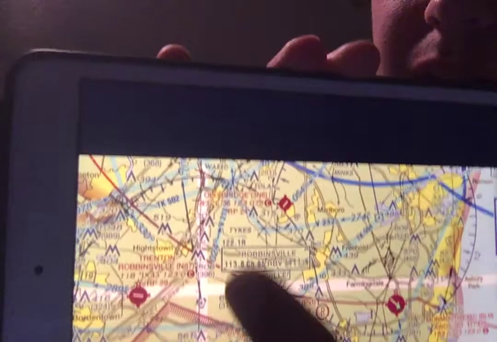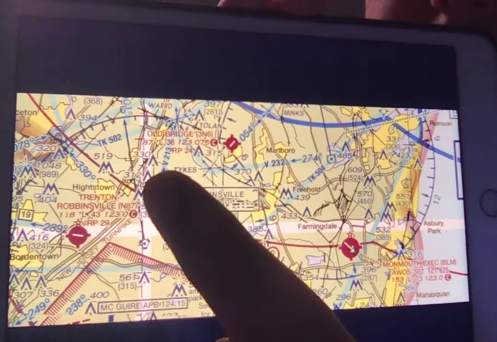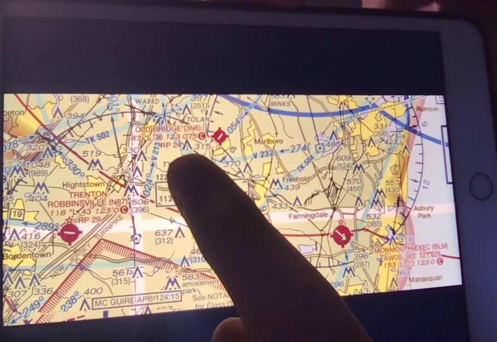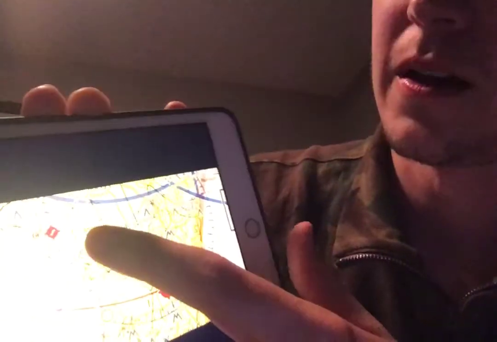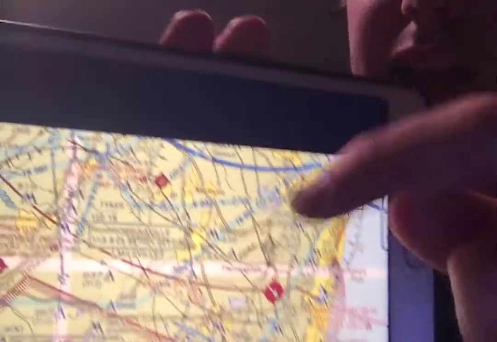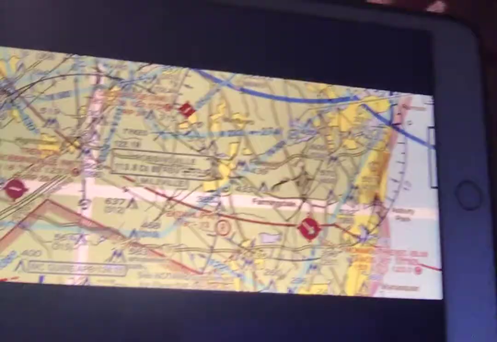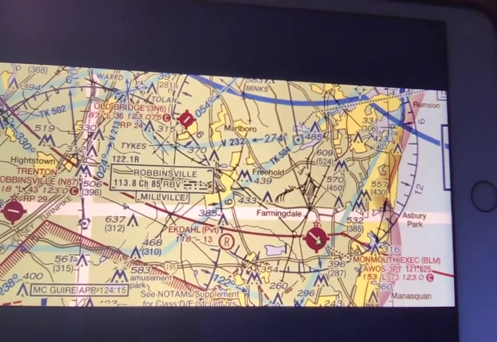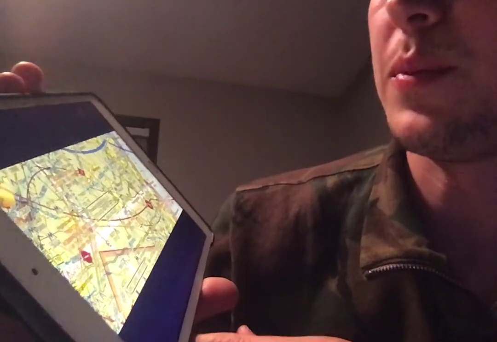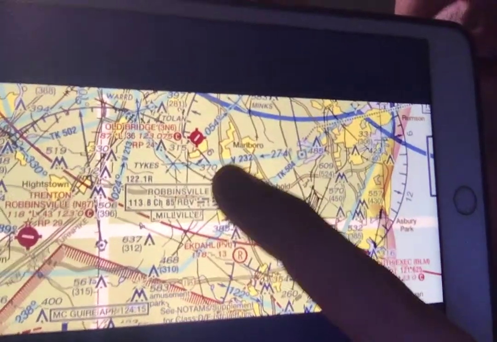This one right here would be a right pattern, as you can see, right pattern for runway 24. So that would be the runway going in this direction if you were landing that direction. And its traffic pattern altitude would be 1,087 feet.